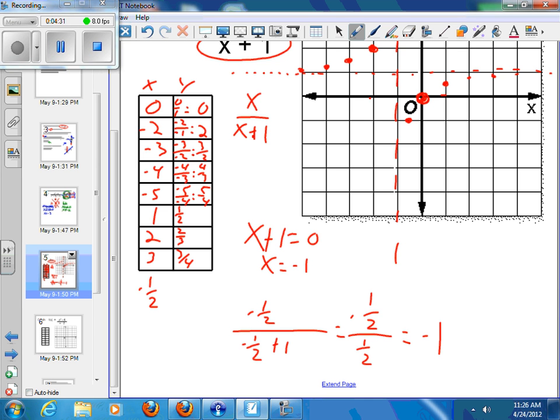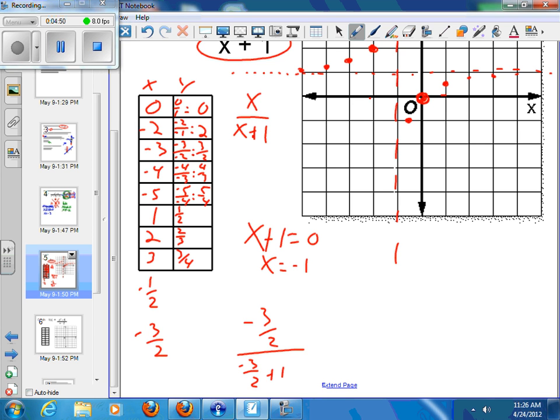I could try negative 3 halves. So that would be negative 3 halves over negative 3 halves plus 1.